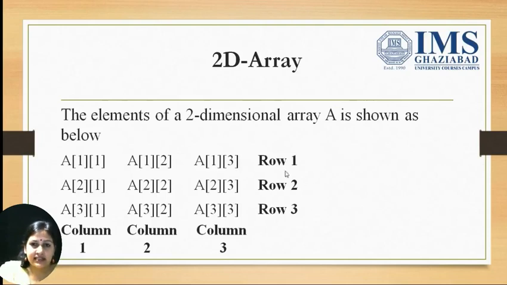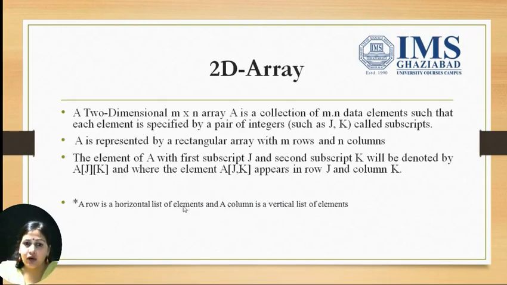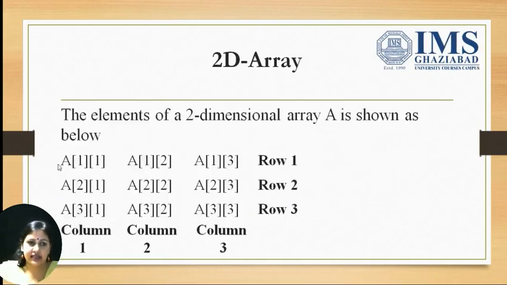This array contains 3 rows, row 1, row 2 and row 3, and 3 columns, column 1, column 2, column 3. That is, a row is the horizontal list of elements and a column is the vertical list of elements. Here, the first index 1 shows the lower bound for the row, and 3 for row 3 represents the upper bound for the row.